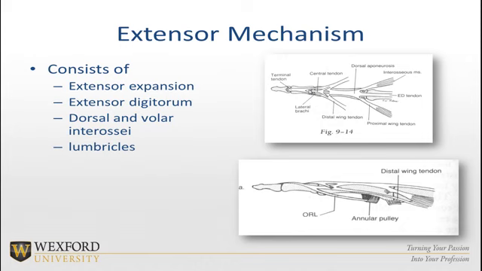The lateral bands are interconnected dorsally by a triangular band of superficial fibers known as the triangular or transverse retinacular ligament. The dorsal hood is also attached to the transverse metacarpal ligament.